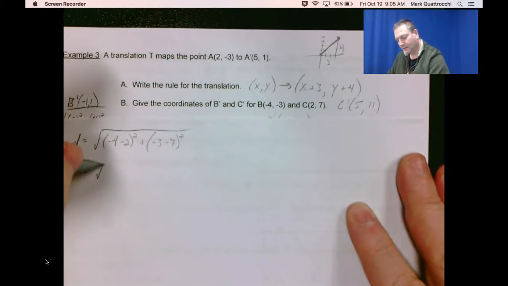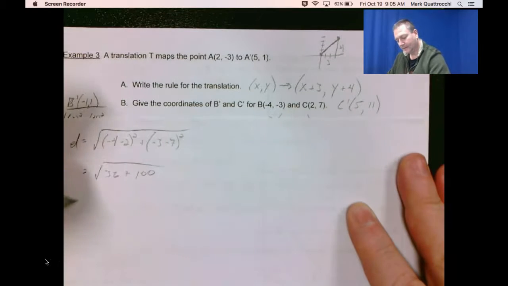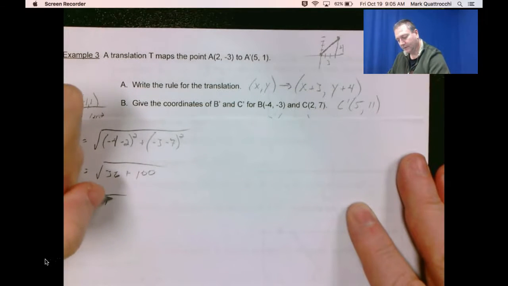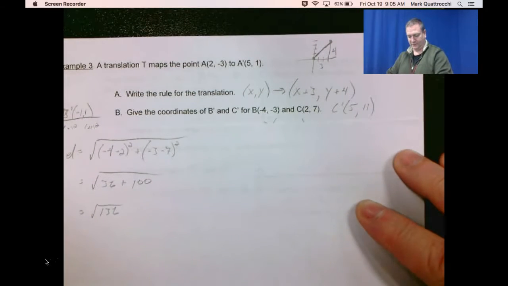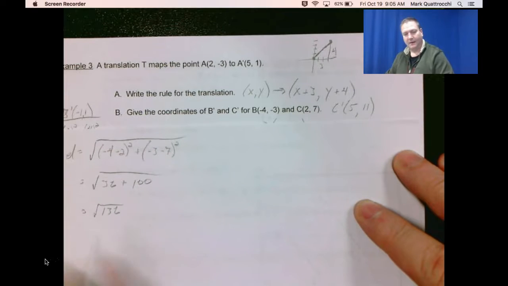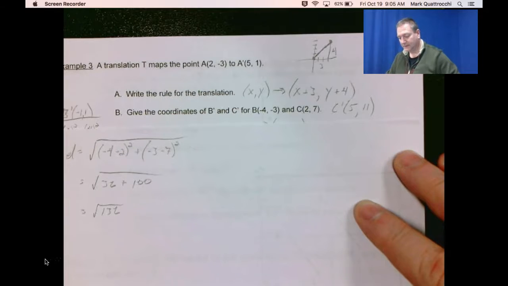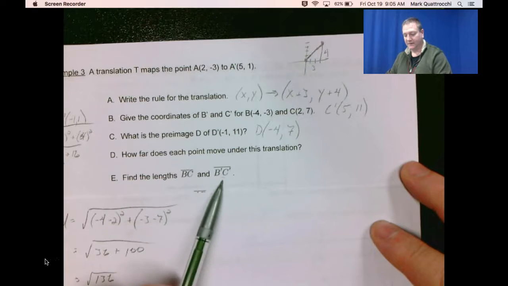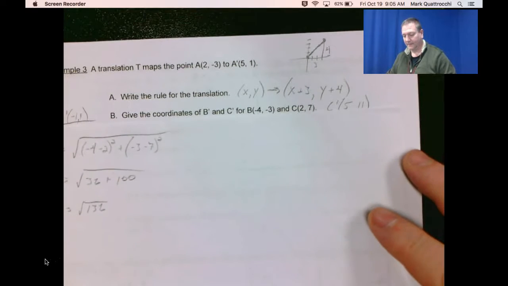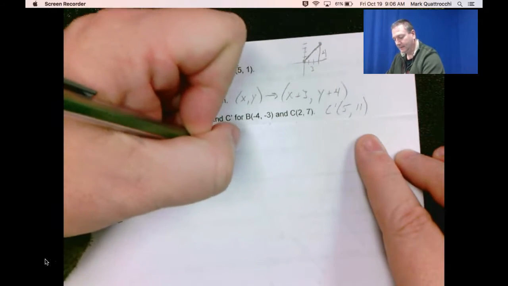Negative 6 squared, 36, plus negative 10 squared, 100, equals square root of 136, which, can we get that into simplest radical form? You know what? We probably can, but I'm going to leave that, and you're going to see why in a second, because I'm comparing the length of BC to the length of B prime, C prime. So I'm going to leave that as square root of 136.